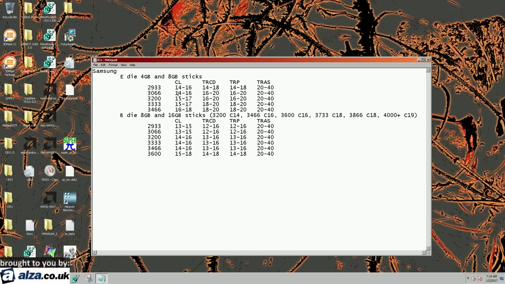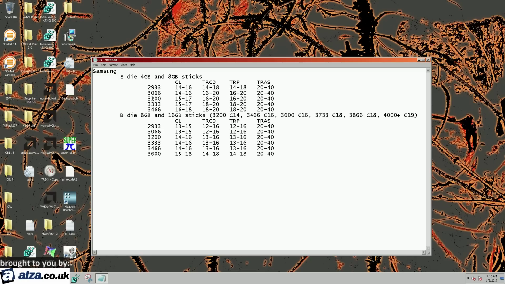At 3066, some kits probably do 14, some can probably do 16 or 15. It really depends on chip variants. And then for 3200, you're going to be looking at 15 to 17. My kit right here is on my better Ryzen chip. I actually have two Ryzen 7s, and this second one is terrible.